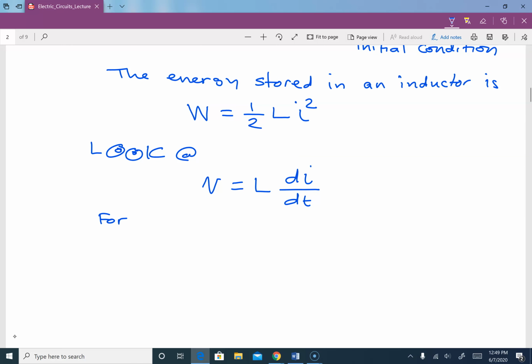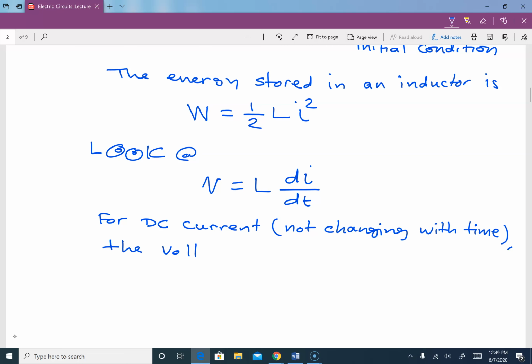So for DC current, where it is not changing with time, which means that it is constant, the voltage across an inductor is 0.